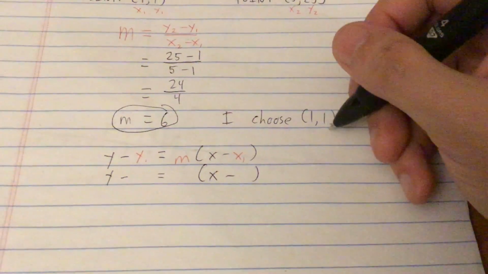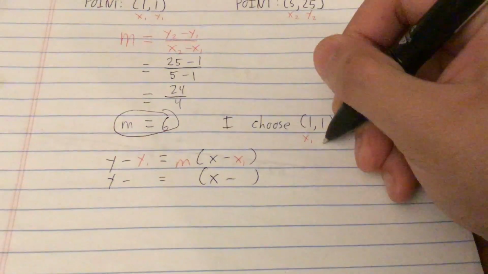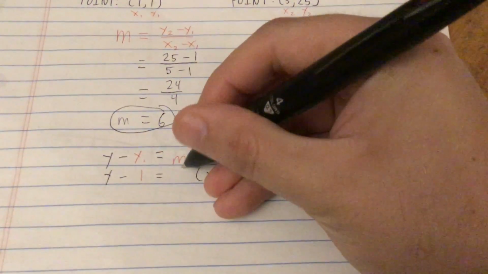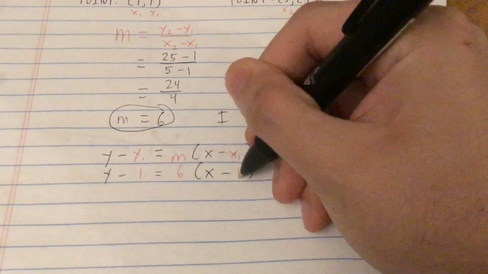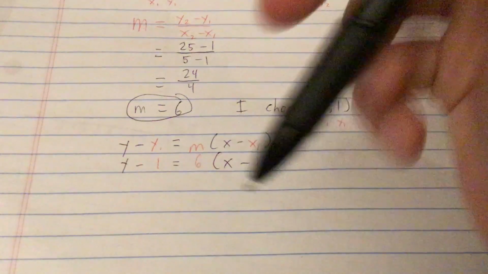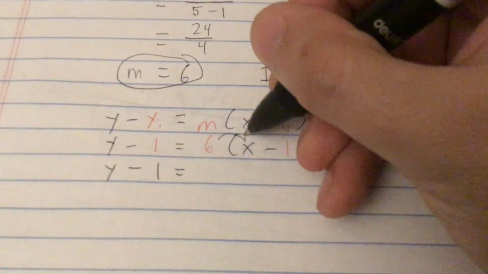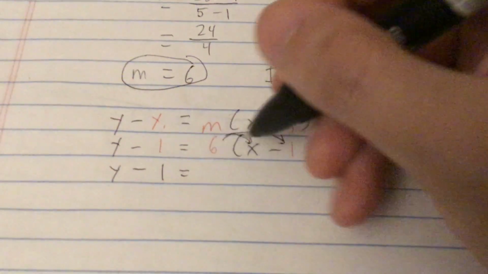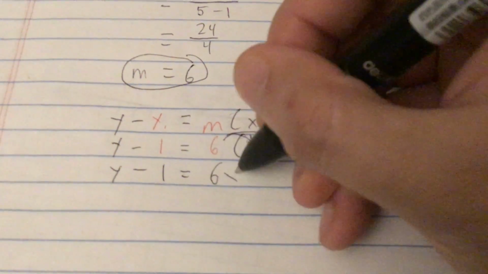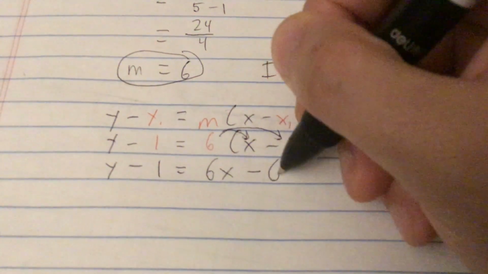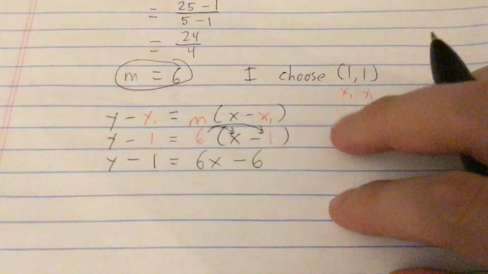Well, if I choose x1, y1, y1 is 1, the slope is 6, and x1 is 1. Are there any double negatives? No. So what I can do is just rewrite this as y minus 1 is equal to, distribute the 6 now, 6x minus 6. Okay, and now I'm going to add 1 on both sides.